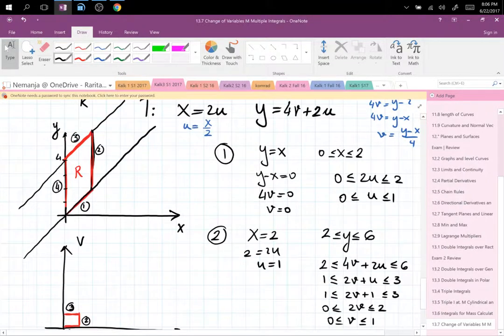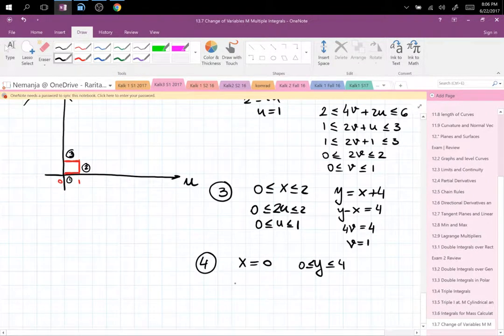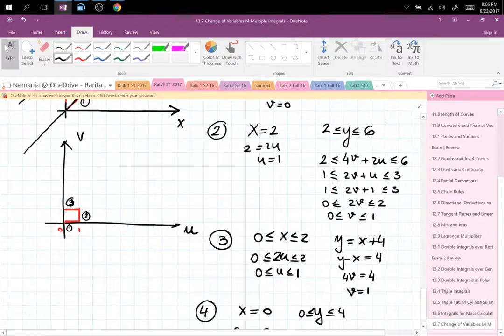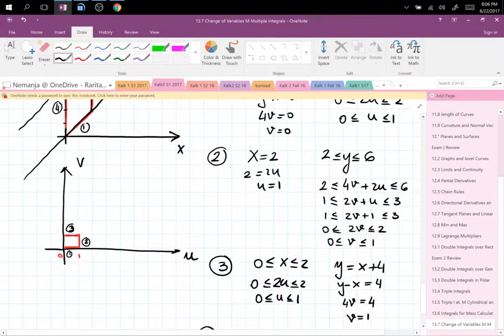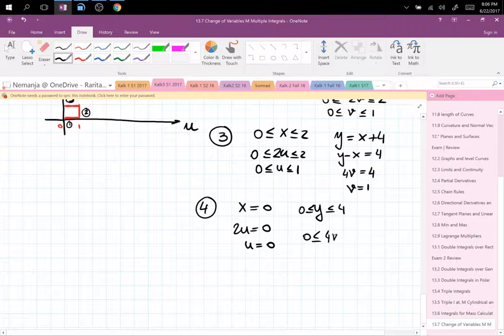So the transformation says x equals 2u. So 2u equals 0, u is always 0. And what was y? 4v plus 2u. But we know u is 0, so that dies.